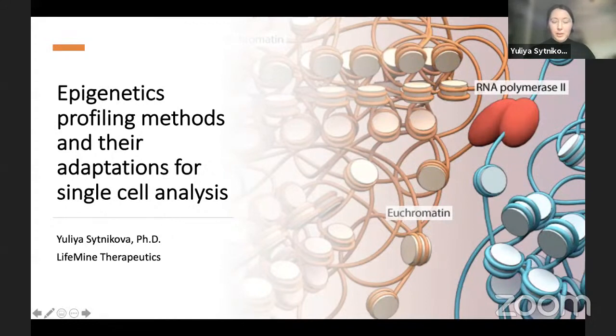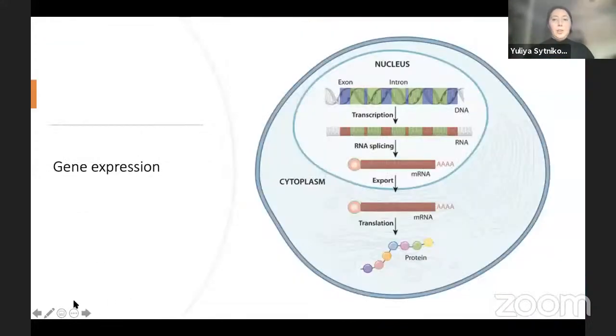Just a moment, my slides. Why are we actually talking about epigenetics? As you know, DNA information is more or less the same in most cells, beyond immunology, in most cells of the organisms. However, the realization of this information differs a lot. I will remind you of the way gene expression is realized.